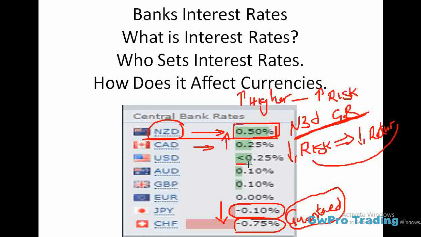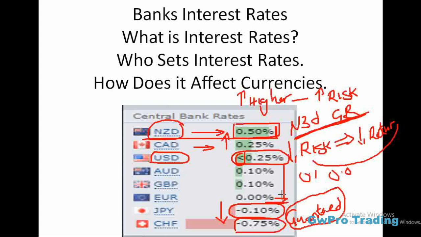This is less than 0.25. So it could be 0.1, it could be 0.0, it could be anything, but definitely you can see that in all this shows less than from United States. That could also be less than this, so it could also be here in terms of ranking.